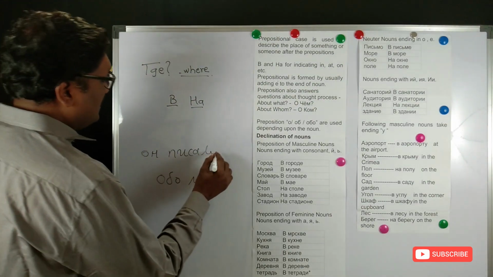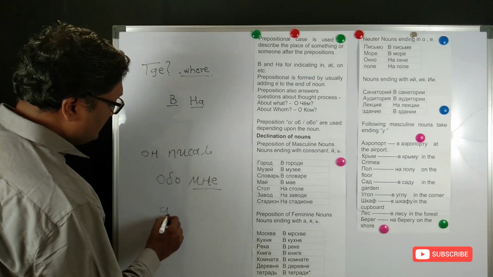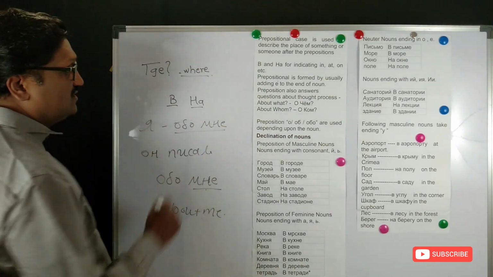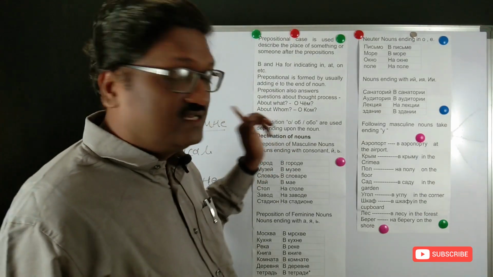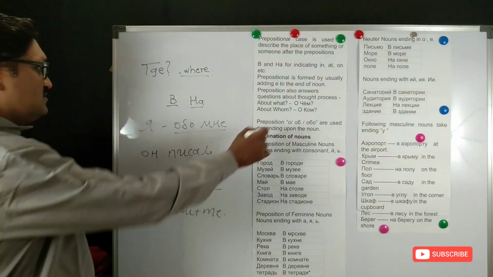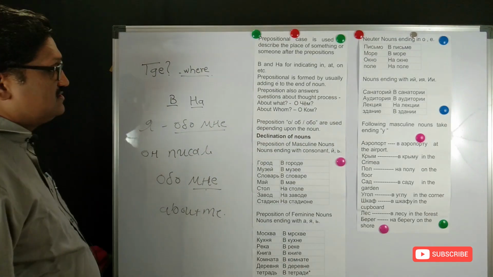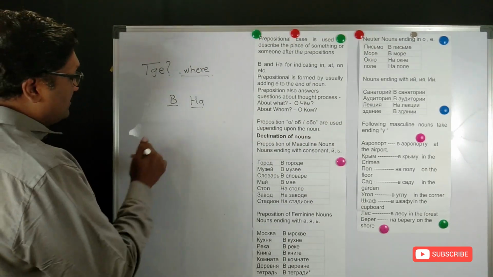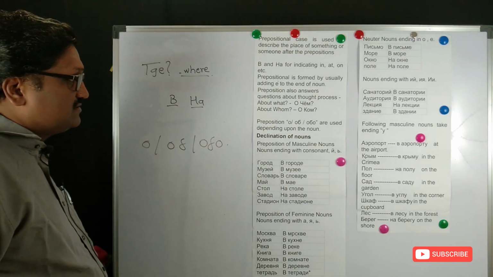Он писал обо мне. Обо мне is about me. Я, обо мне. That also we'll see, how the pronouns are changing in the prepositional case. Я will change to обо мне. Он писал обо мне. So о, об and обо are used in the prepositional case for indicating an object of thought.